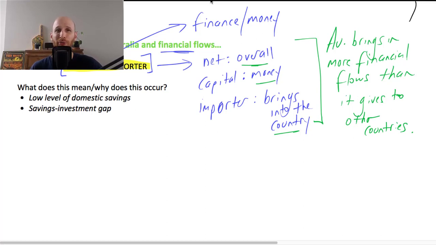So let's use a bit more specific language here. When we say Australia brings in, what we mean is that Australia imports more financial flows than it exports to other countries. So Australia needs more money coming in than it can lend to other countries.